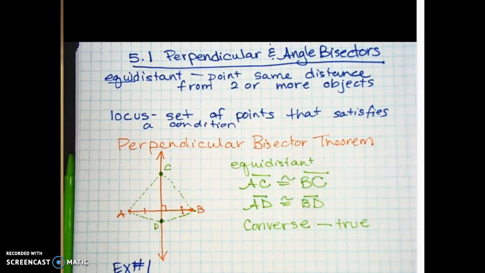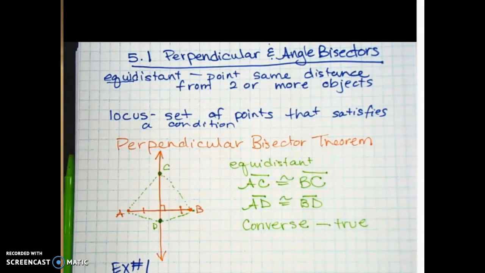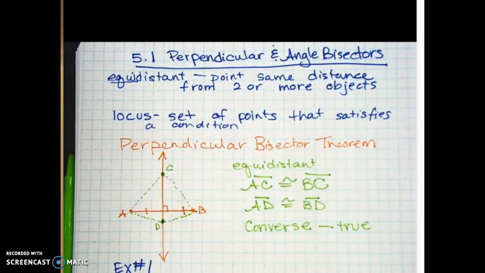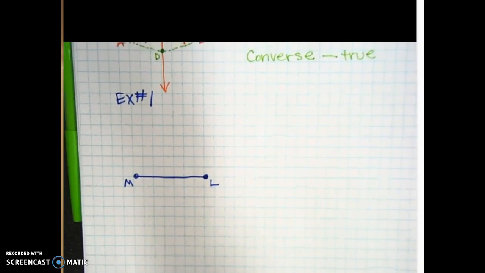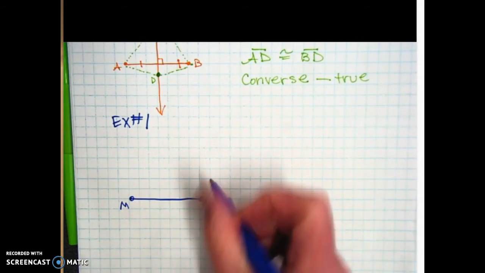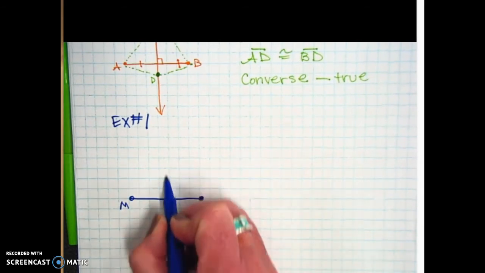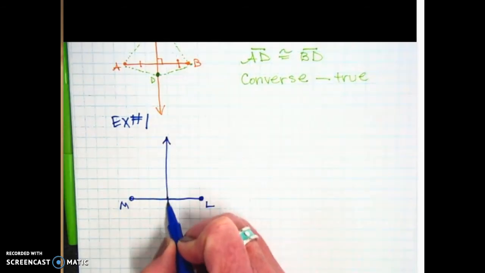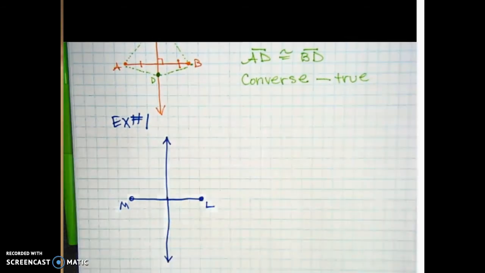This is called example number 1. We're going to have segment ML. We're going to pretend like we bisected it with a safety-based compass and it's perfect. And we end up with this beautiful perpendicular bisector. So we're going to put a little box to show that it's perpendicular.